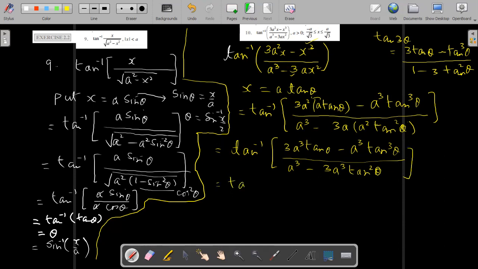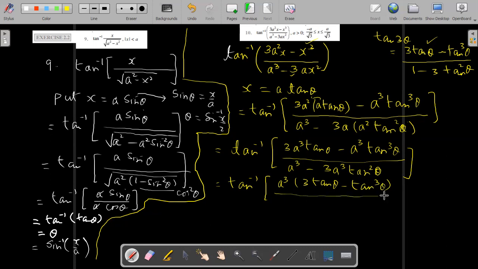Now take out common terms. In the numerator, common is a cube. A cube tan theta we are not taking common because in the formula also we can take, but here it is in the multiplication, so we will take only a cube common. So a cube common, then this will be 3 tan theta minus tan cube theta. It will become a formula, that's why.